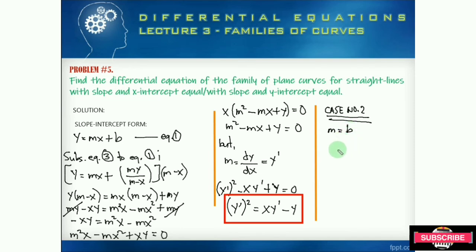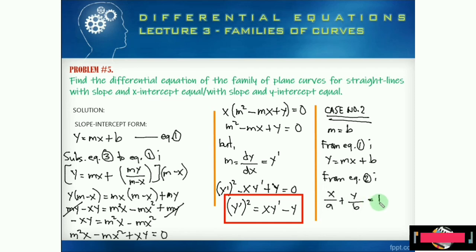Okay, so from equation number 1, we have here y equals to mx plus b. Okay, and from equation number 2, which is the intercept form, x over a plus y over b is equal to 1. So this is now our x-intercept, but in case number 2, it is said that the slope and y-intercept are equal.